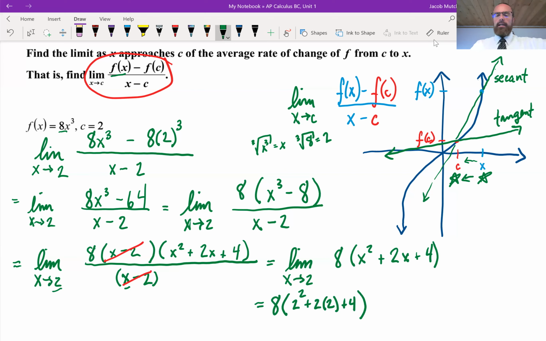So I'll evaluate that. 2 squared is 4 plus 2 times 2 is 4 plus 4. So it's 4 plus 4 plus 4. That's 12. So this is 8 times 12. And if we multiply 8 times 12, we're going to get 96. And that is complete.